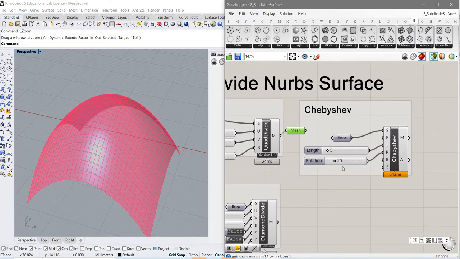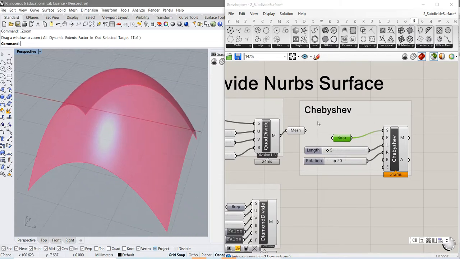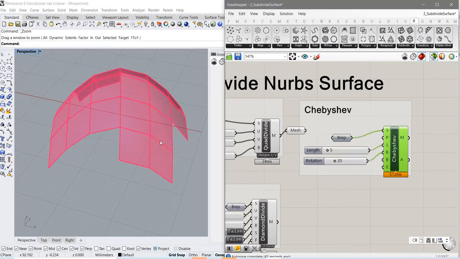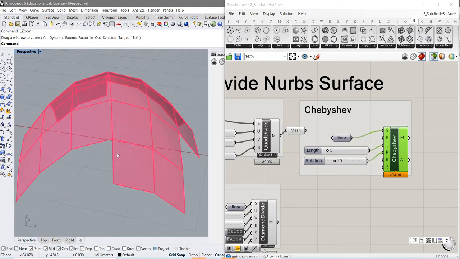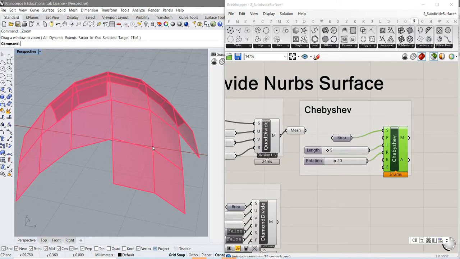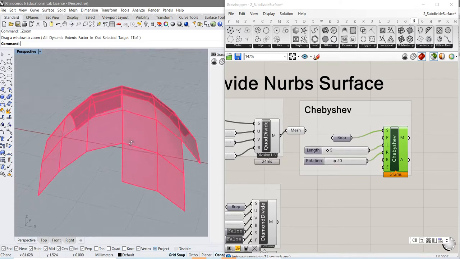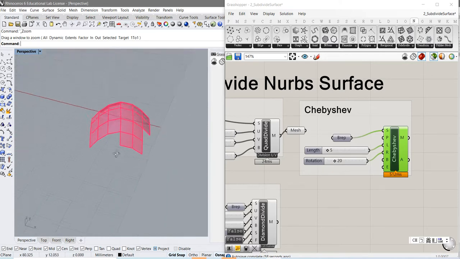Okay, another example, a breadth. And what does it mean by Chebyshev? So it is still rectangular, but this one is slightly different. First, it tries to keep these rectangles planar.